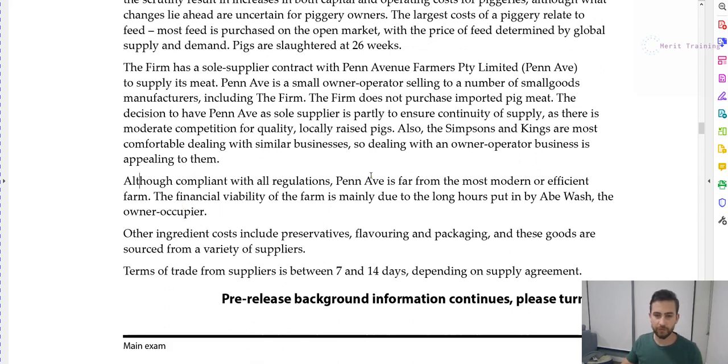Okay, although compliant with regulations, Penn Farm is far from the most modern or efficient farm. So we could probably just rewrite this point and say, Penn Avenue is not modern or efficient. And the financial viability of the farm is mainly due to the long hours put in by Abe, the owner-occupier. So that's a good point there.